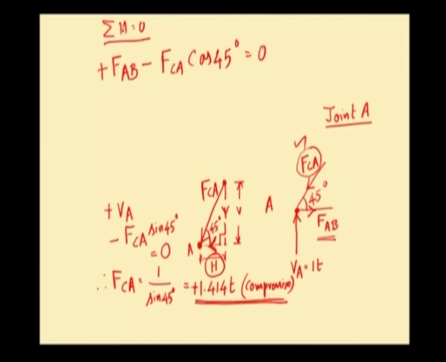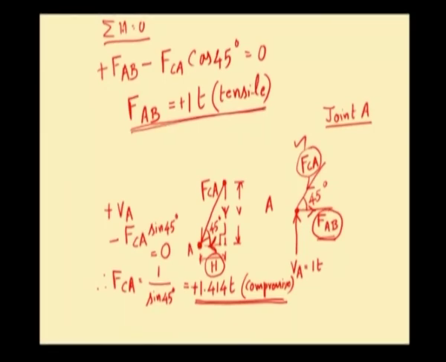So, upon substitution and simplifying, we will be getting FAB as 1 ton. Once again, if you see the nature of sign convention for FAB, you get a positive sign, which means that our assumed nature of force for the member AB, that is tensile, is right, and hence FAB is subjected to a tensile force of 1 ton.